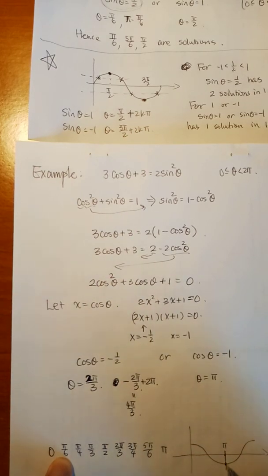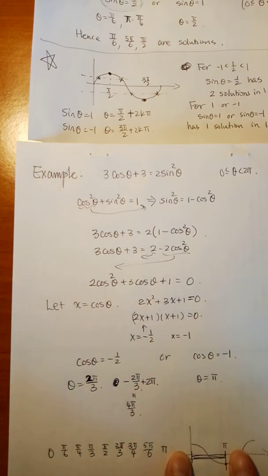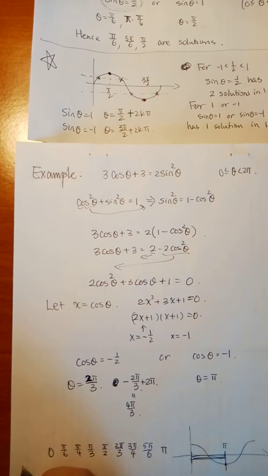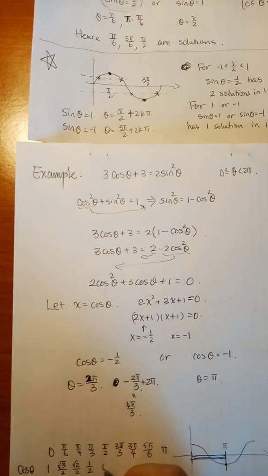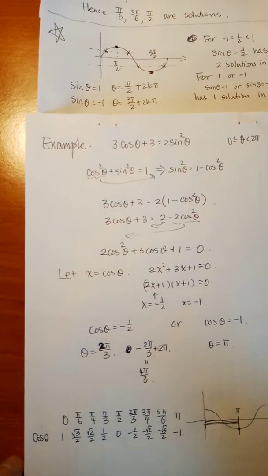So we only memorize the value of this first 0 to pi interval. And the cosine theta, you will get 1, root 3 over 2, root 2 over 2, 1/2, 0. And then you get the order but with the negatives. Negative 1/2, negative root 2 over 2, negative root 3 over 2, and then negative 1. Okay, so this is a cosine. You see it go down to negative 1.